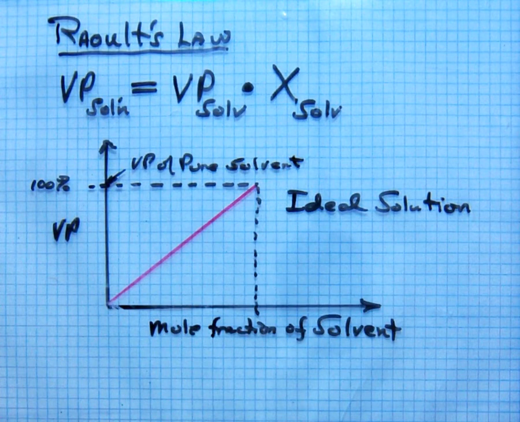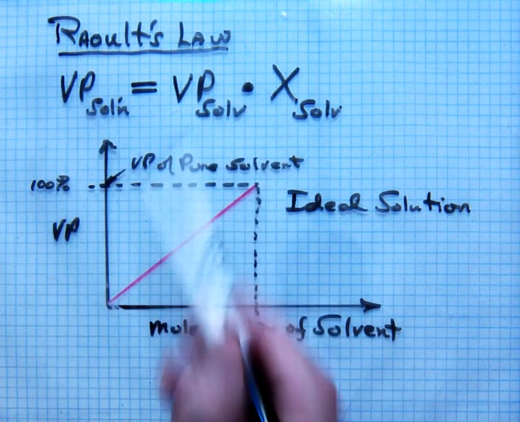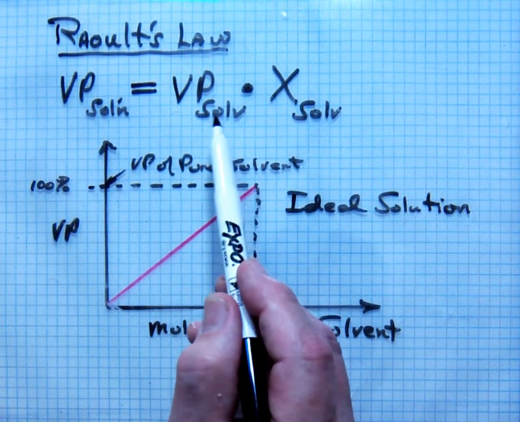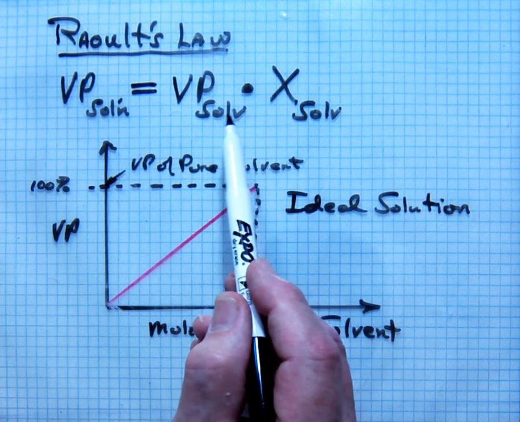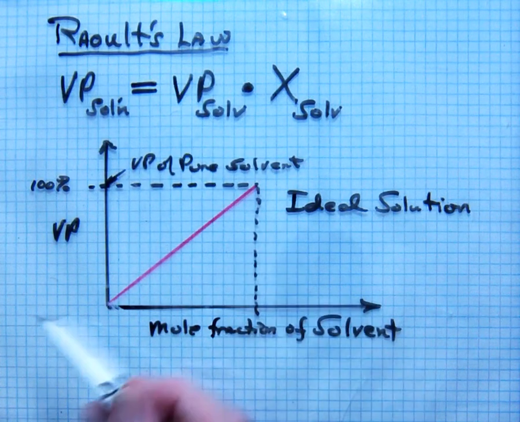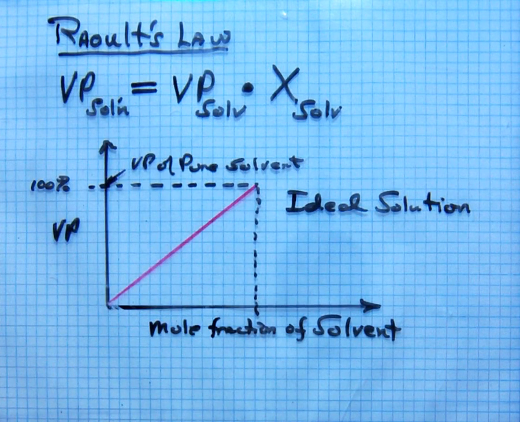Well, this trend is a linear trend. This is what this curve defines: vapor pressure of solution is proportional to vapor pressure of the solvent times the fraction, and it's a linear curve. A straight line, y equals mx plus b kind of thing.